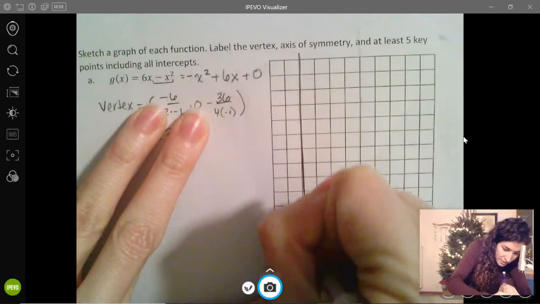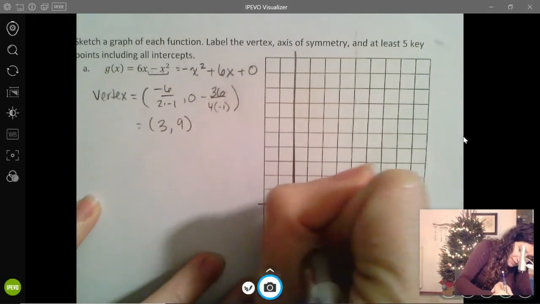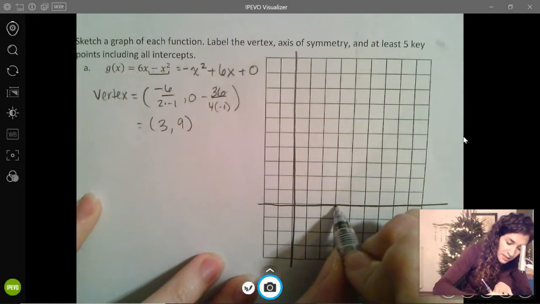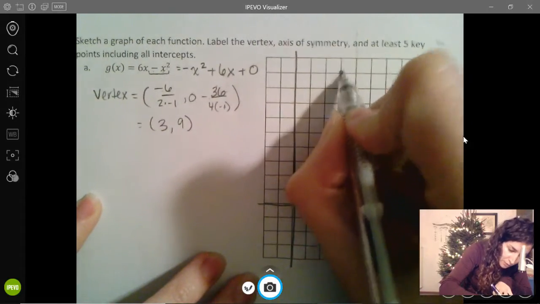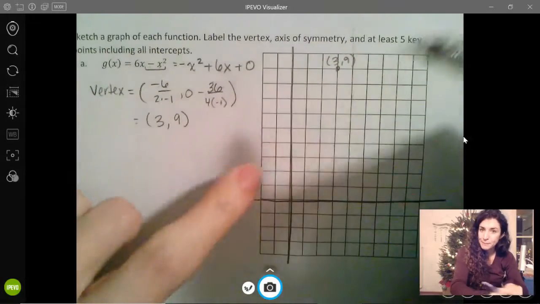So I'm going to put this y-axis here and my x-axis down here. So I can just automatically plot 3, 1, 2, 3, 4, 5, 6, 7, 8, 9. Perfect. I'm going to label it because it tells me to. And I'm a good math student.